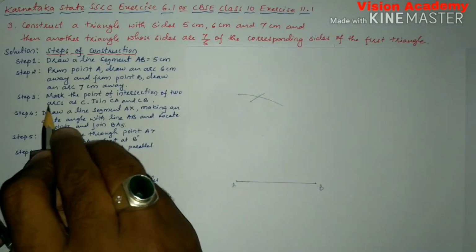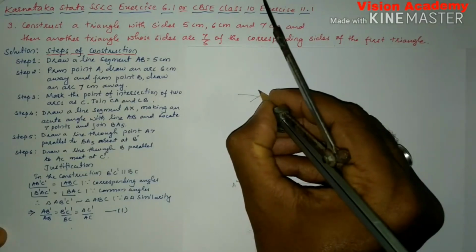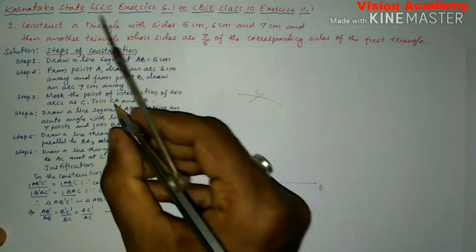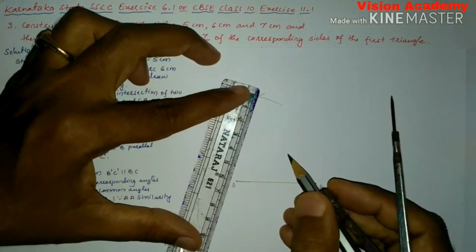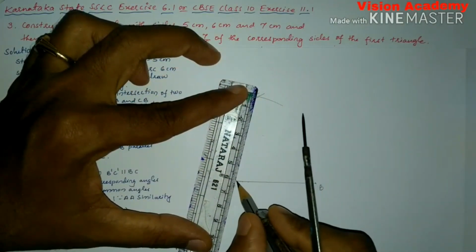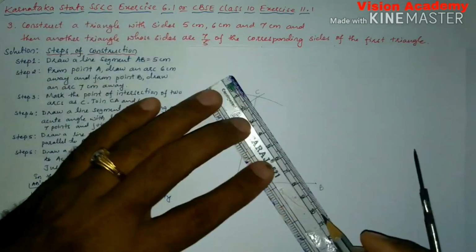And step 3 is mark the point of intersection of two arcs as C. So let us write this one as C. Join CA and CB. Now let us join this CA and CB.